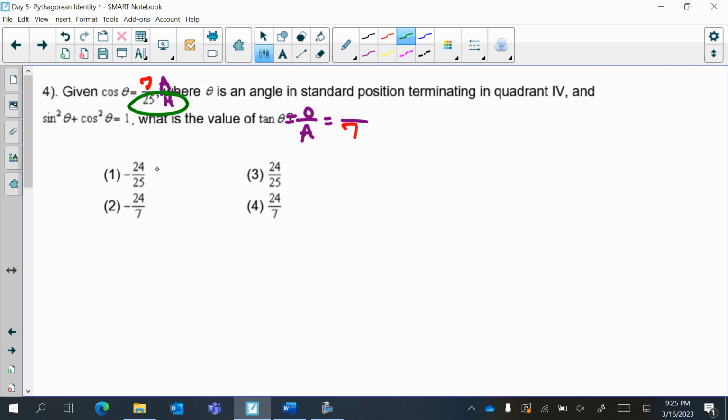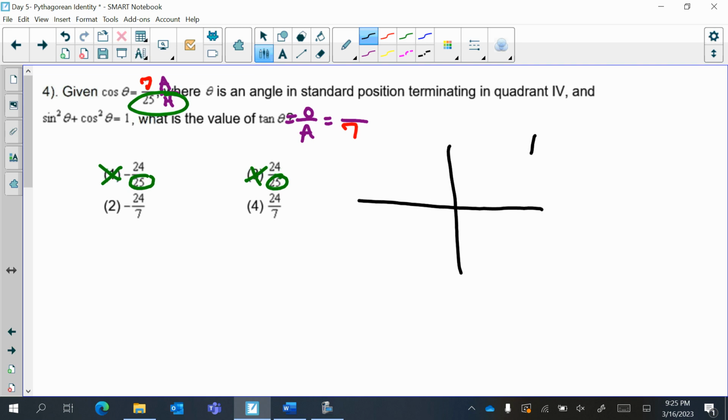So there will be no 25 in your answer. It's not choice 1 or 3. That means your opposite has to be 24, because that's the only other number left. But the question is whether it is a positive 24 or a negative 24. And that's where the rest of the question comes into play.